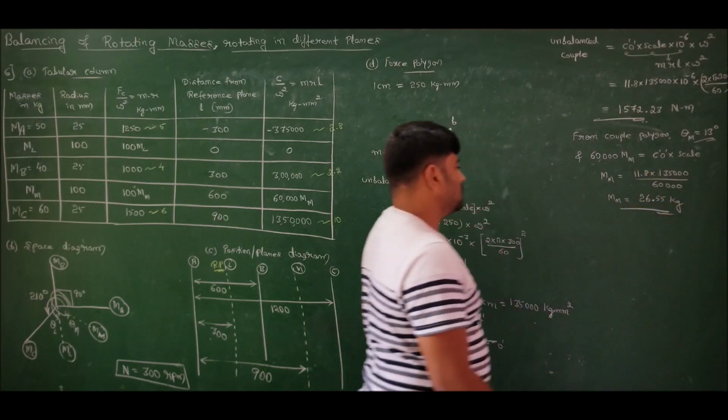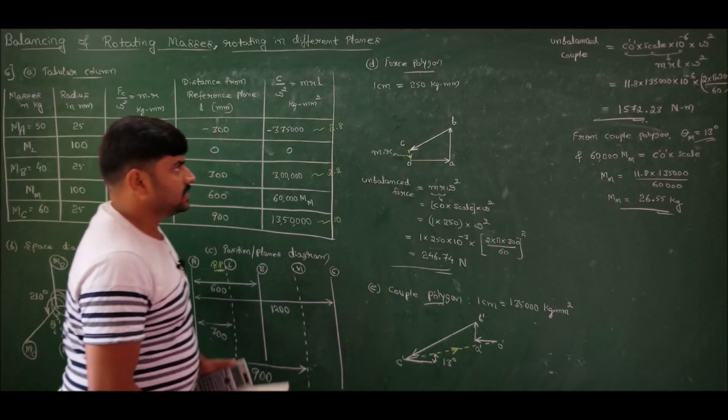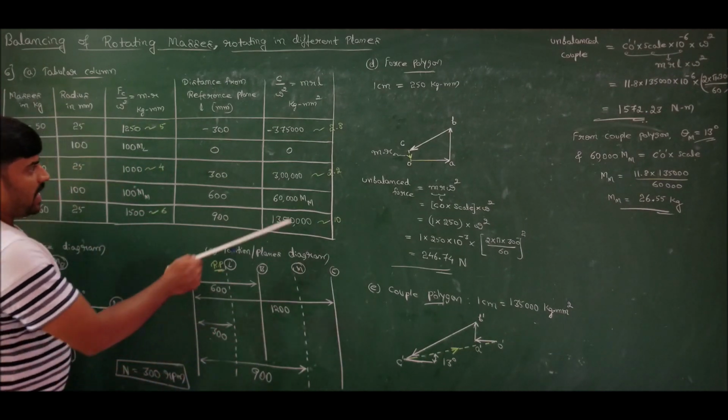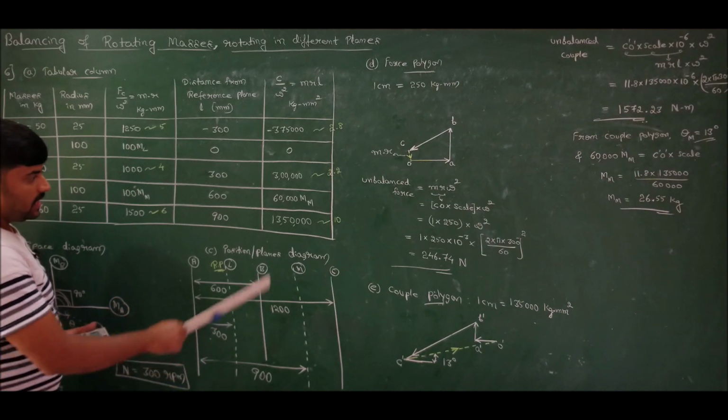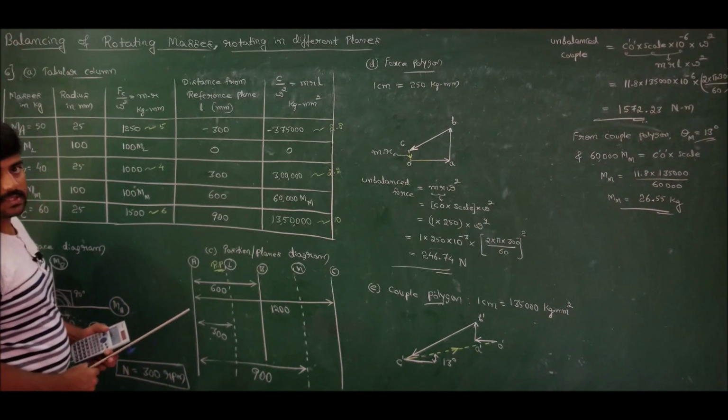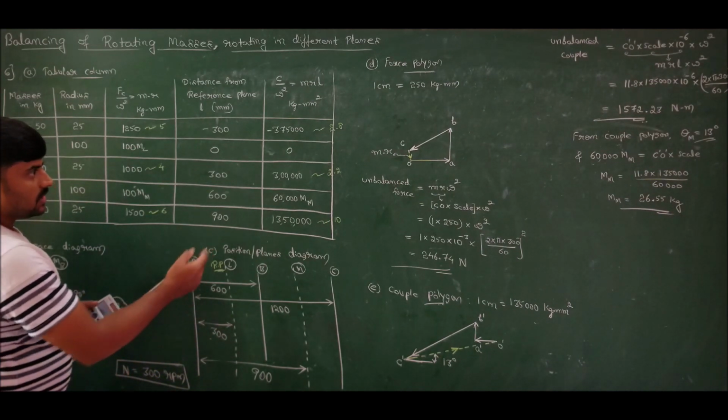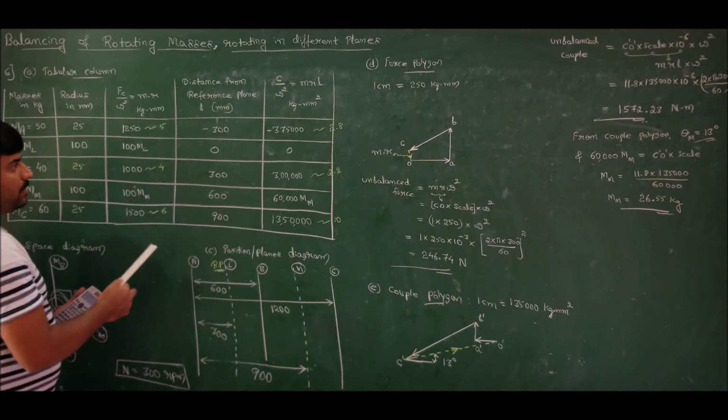So you got the answer as 26.55 kg. So you have found out the magnitude and direction of the mass rolling at plane M for the system to be balanced. Now use mM to find the value of mL.